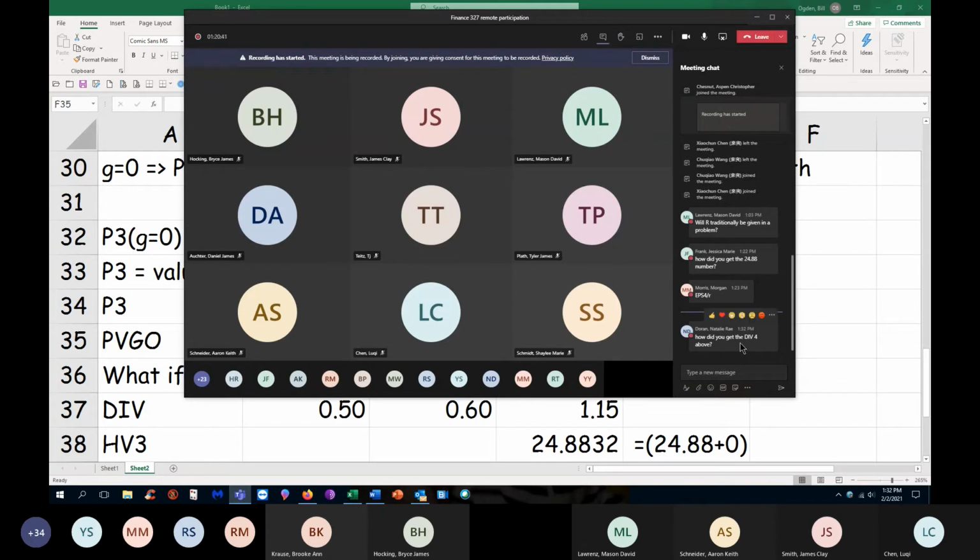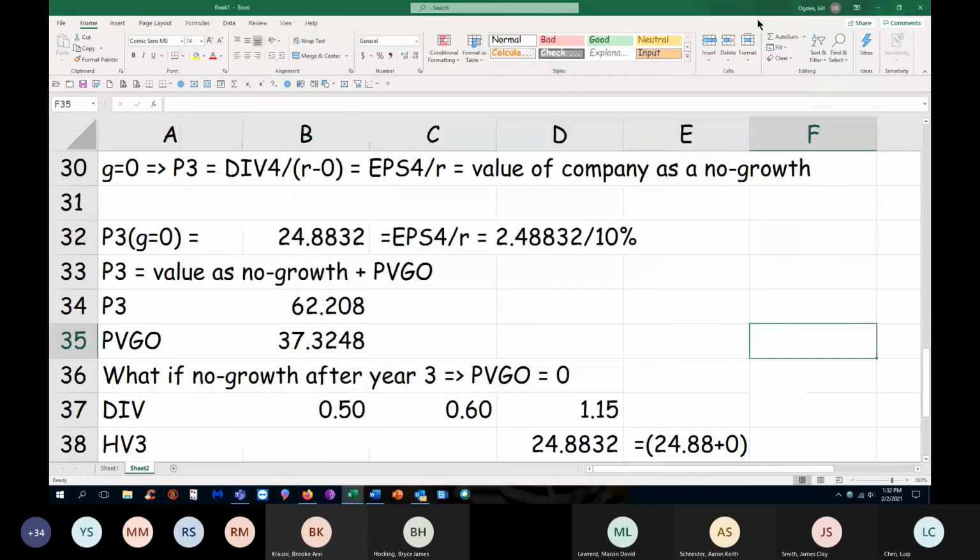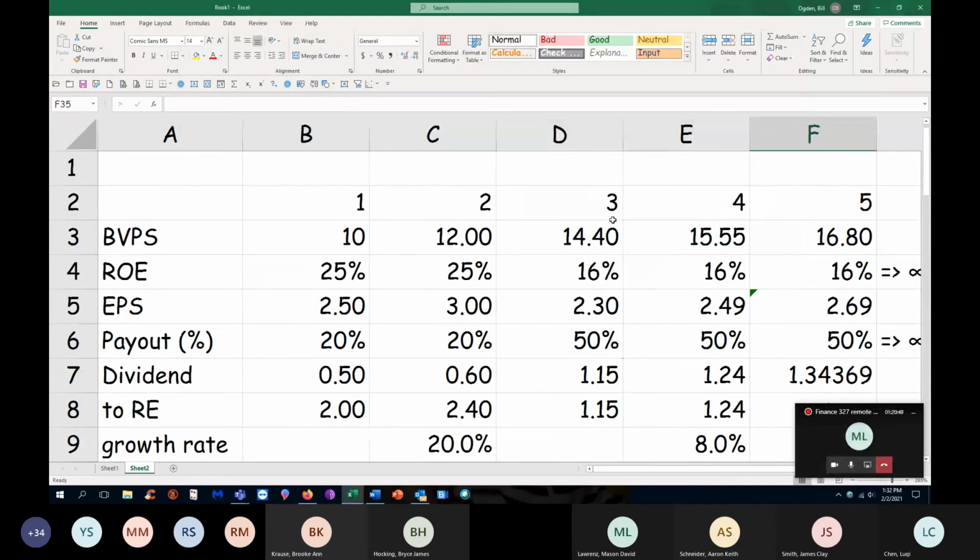How did you get dividend 4 above? I said the payout was 50%. And since the earnings were 249, I took 50% of 249. Does that answer the question?